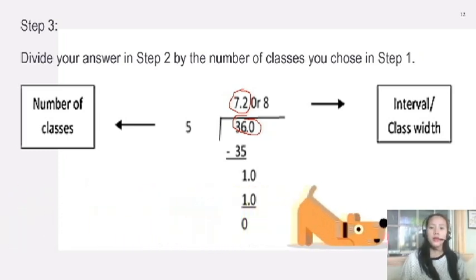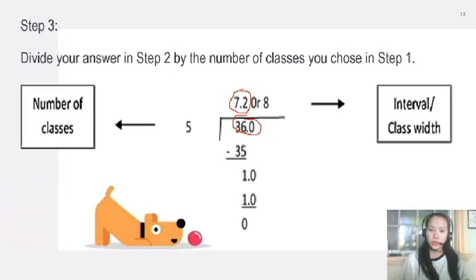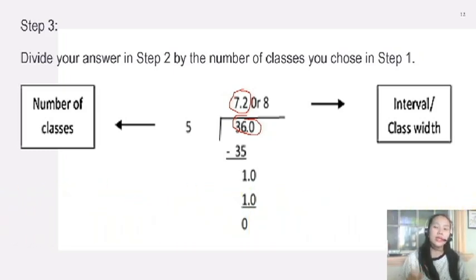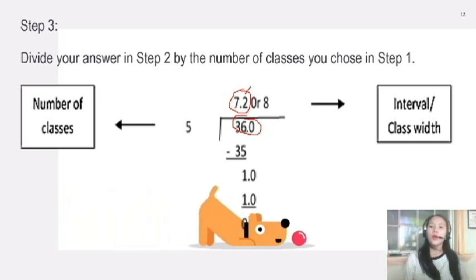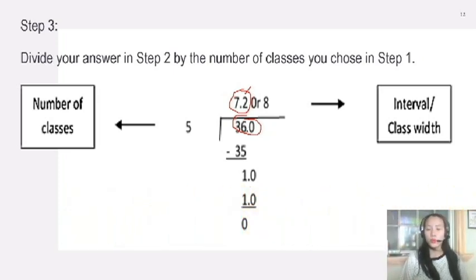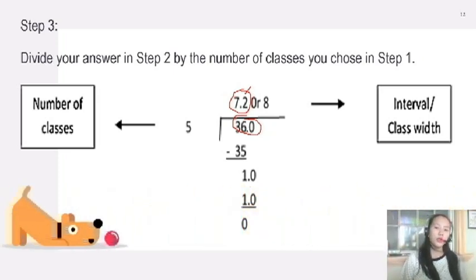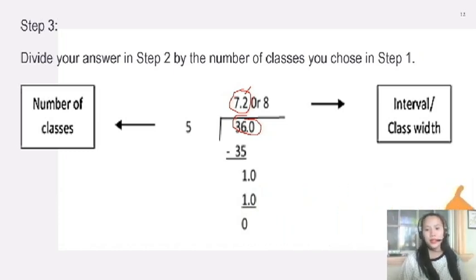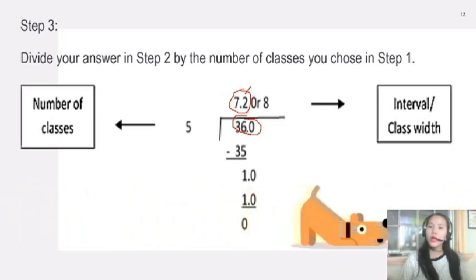Once again, when we are talking about a frequency distribution table, if we have a decimal, here 2/10, you automatically round up to the whole number. So instead of 7.2, you will have 8. So our interval, or our class width, is 8.